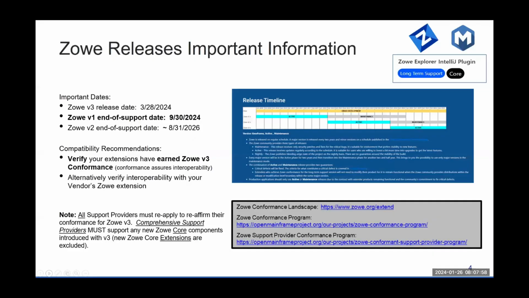Okay, so some important information we want to make sure that you're aware of. The V3 release is scheduled to be introduced at the end of March 28th. In tandem with that, we also want to make sure that you're aware of the fact that V1 will terminate support on September 30th of this year.